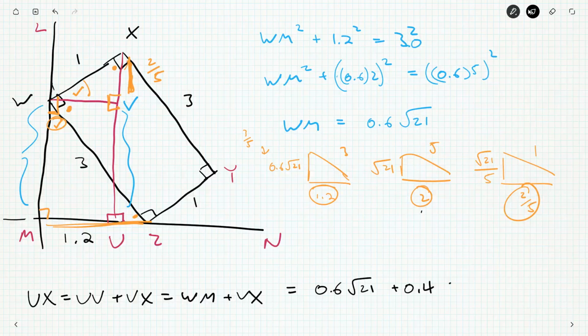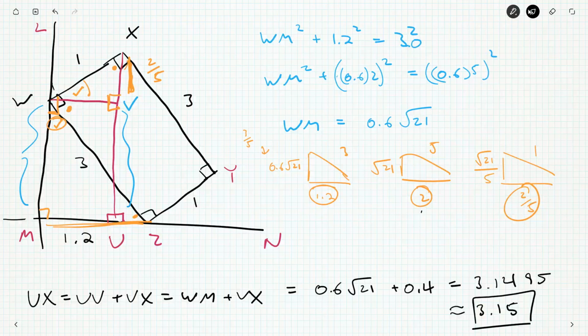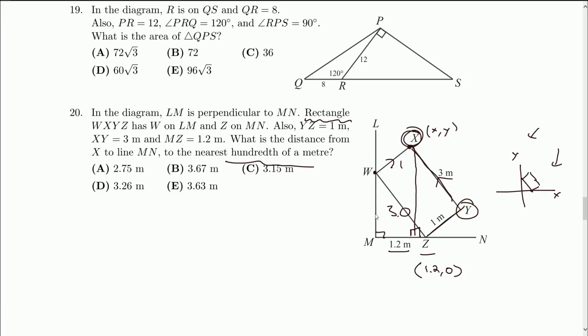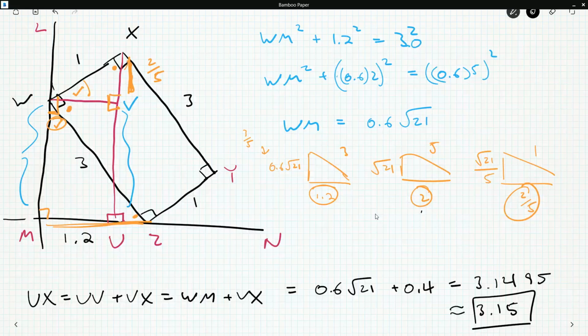So I'm getting about 3.14. Nifty. 3.1495. So let's round up because they wanted the nearest hundredth, so 3.15. It's going to be my final answer. Is that one of the possibilities? Yes, it's the one that I've sort of drawn a line through. It's C. So that shall be my answer.